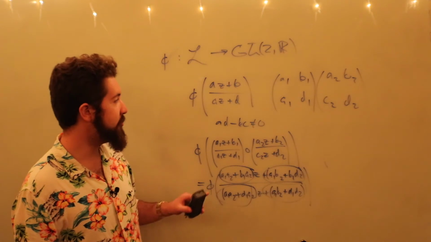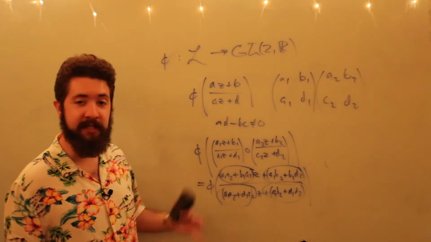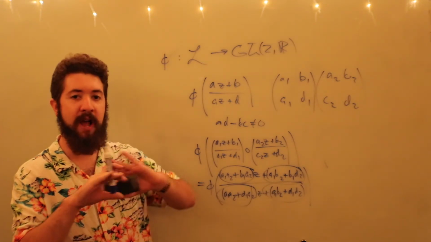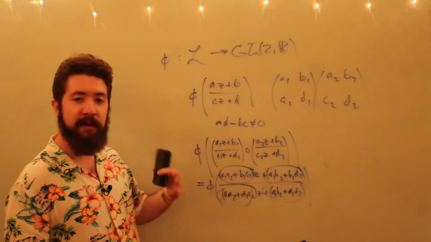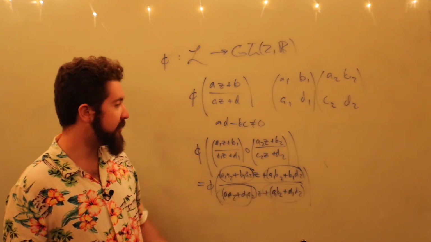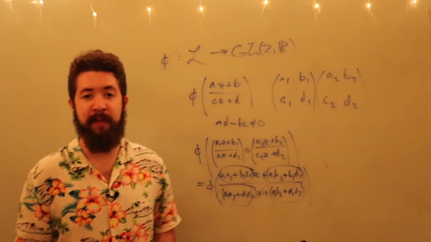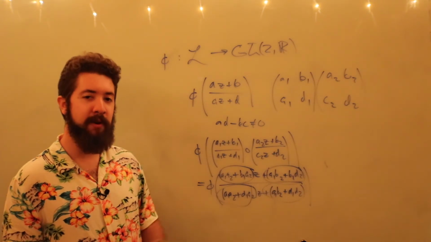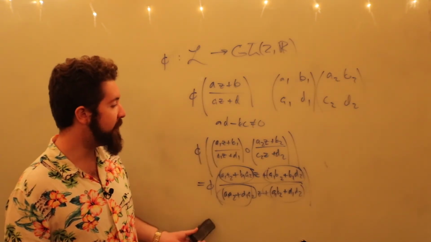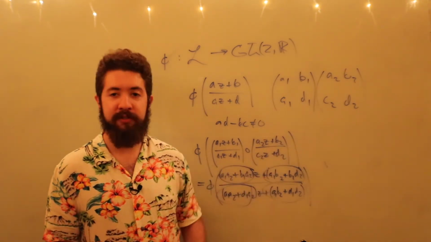So it is true that it's going to preserve products, and this is a great example of a homomorphism where the two products are absolutely wildly different, but it still preserves operations, right? Here we have function composition, and here we have matrix multiplication. The two operations could not be any more different, but this homomorphism preserves it.